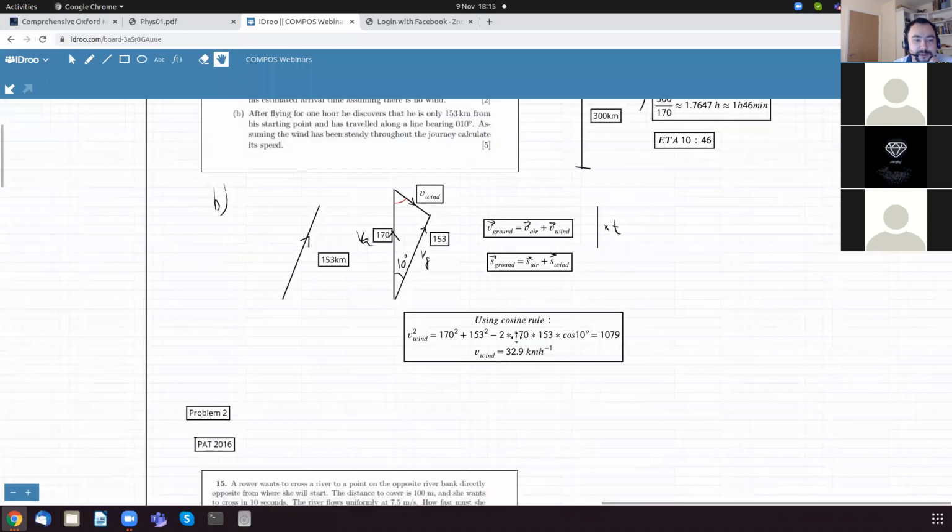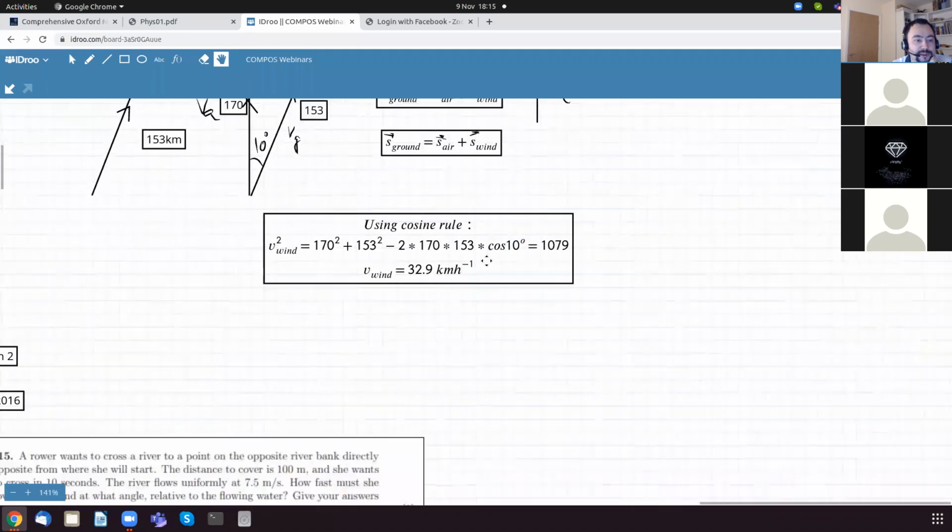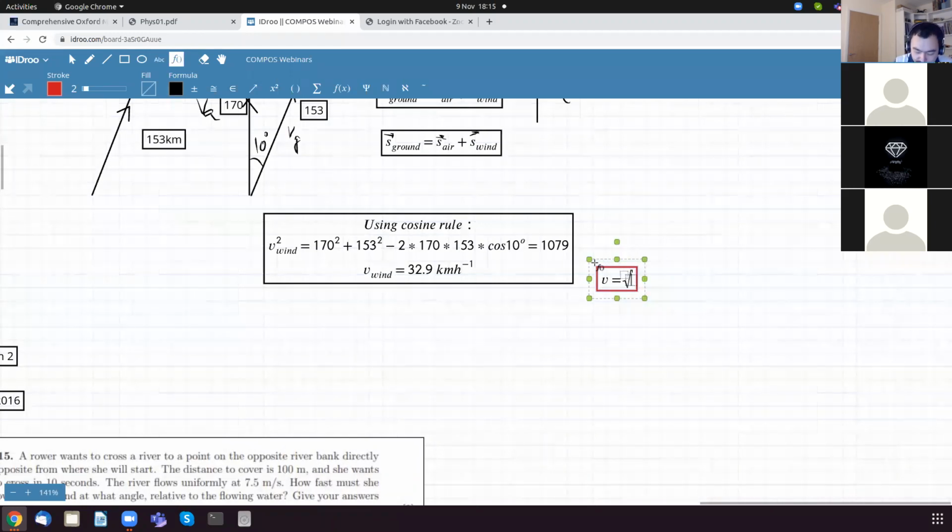If you don't have a calculator, you would say velocity is the square root of 170 squared plus 153 squared minus 2 times 170 times 153, which is 52,020, cosine 10.